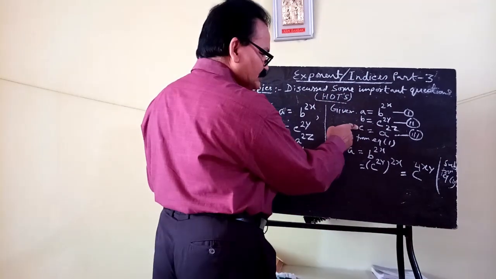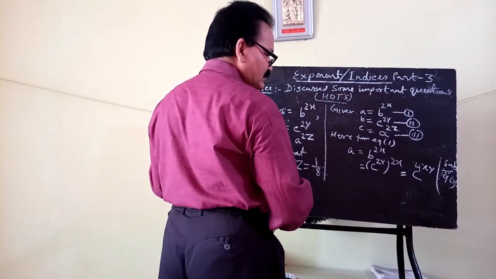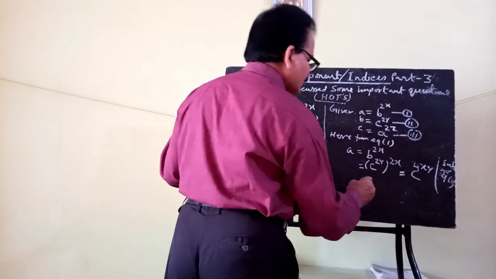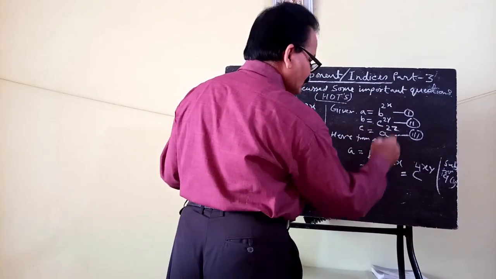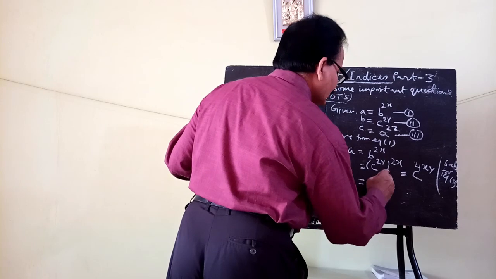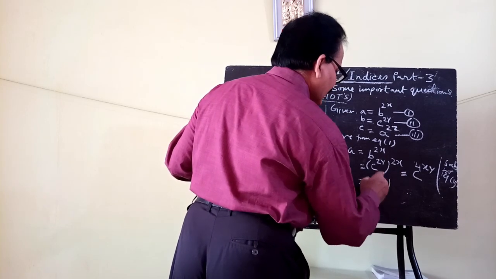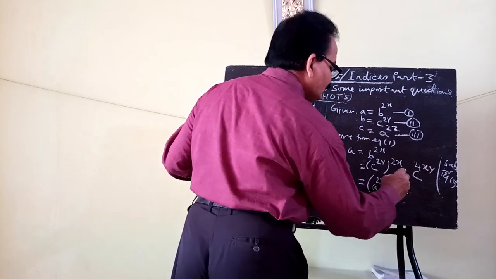Now again you substitute the value of c from equation 3. Here c is a to the power 2z, and then the whole to the power 4xy.